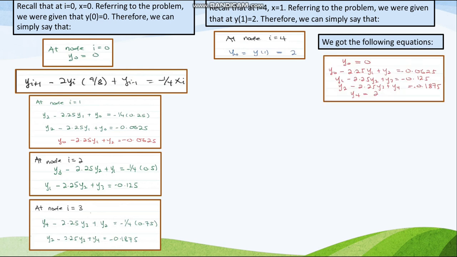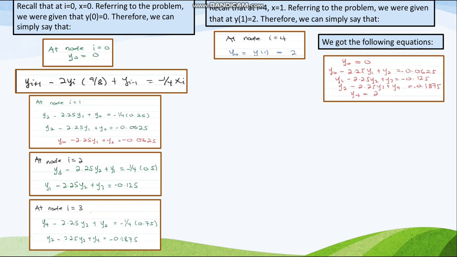Equation 1, y sub 0 equals 0. Equation 2, y sub 0 minus 2.25 y sub 1 plus y sub 2 is equal to negative 0.0625. Equation 3, y sub 1 minus 2.25 y sub 2 plus y sub 3 is equal to negative 0.125.